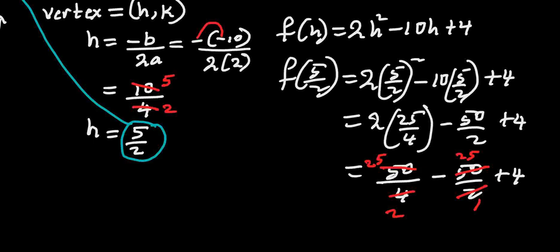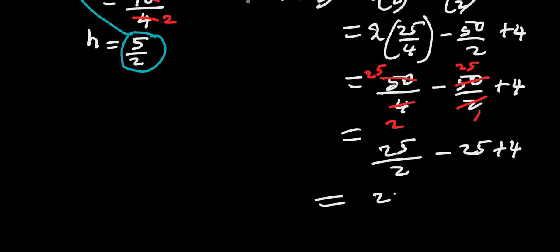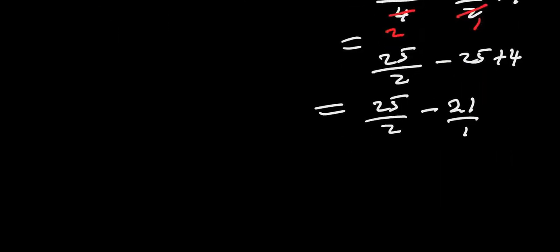Now this becomes 25 over 2 minus 25 plus 4, and that is equal to 25 over 2 minus 21. We can make it over 1 and find the common denominator.